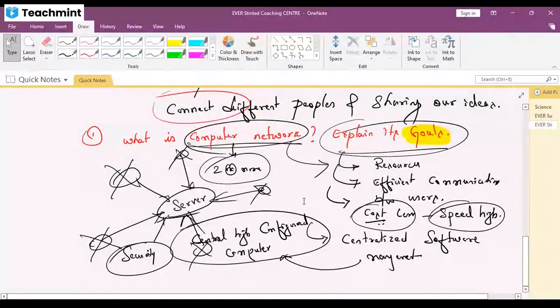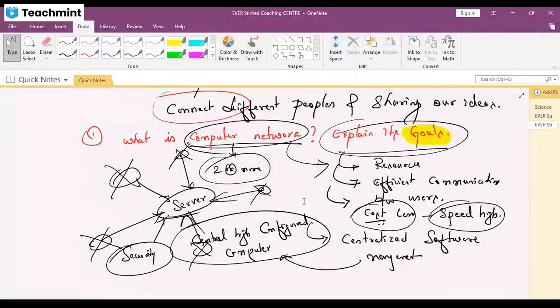Okay, come to the point. What is the objective of creating a network? Goals? We can link each other easily, sir. First point is sharing the resources, sharing the data, sharing the information, and you should have proper communication.